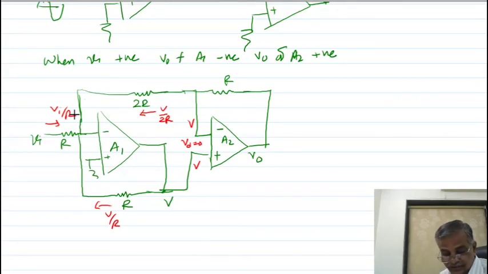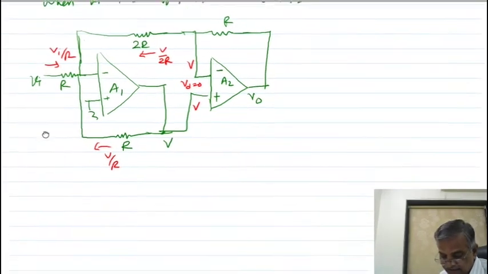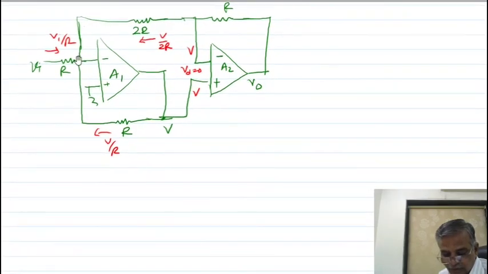So for this circuit, at this point, the total current is Vi upon R plus V by R plus V by 2R equal to 0.